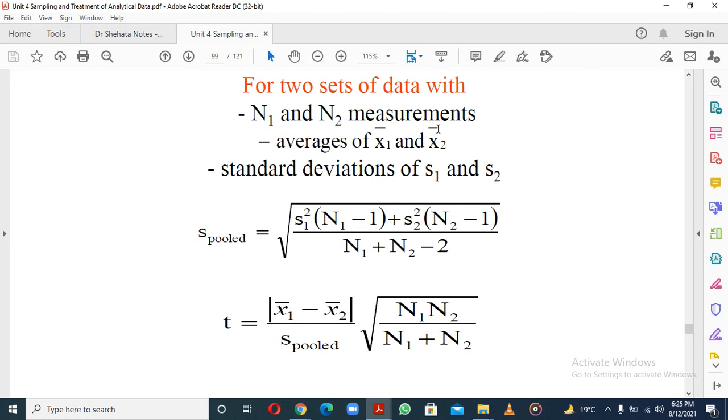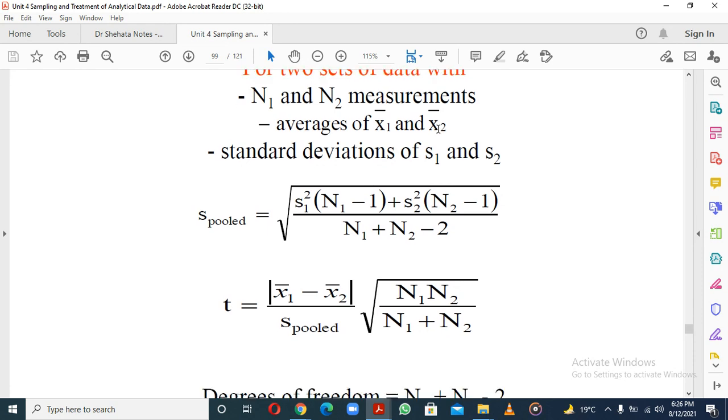If those are six or seven as well, you write the number they are, then minus one. Then put a large square root, over the number of samples of the first group and the second, minus 2. And from what we discussed yesterday, you would remember that the square of standard deviation is variance. Okay, so we discussed that.